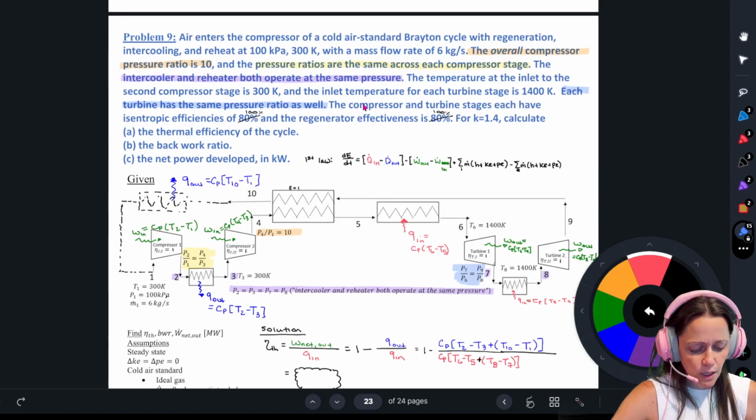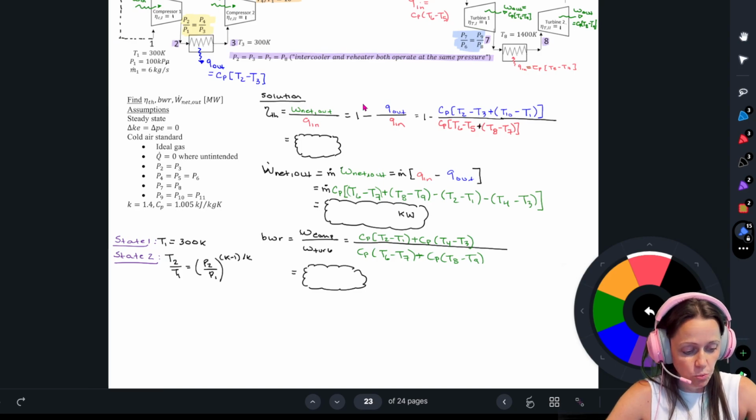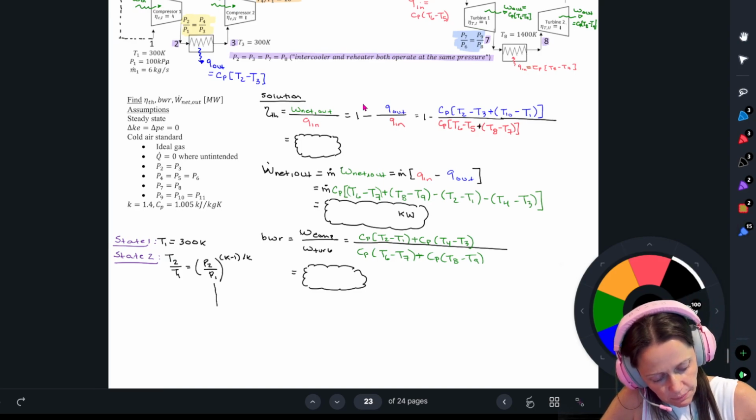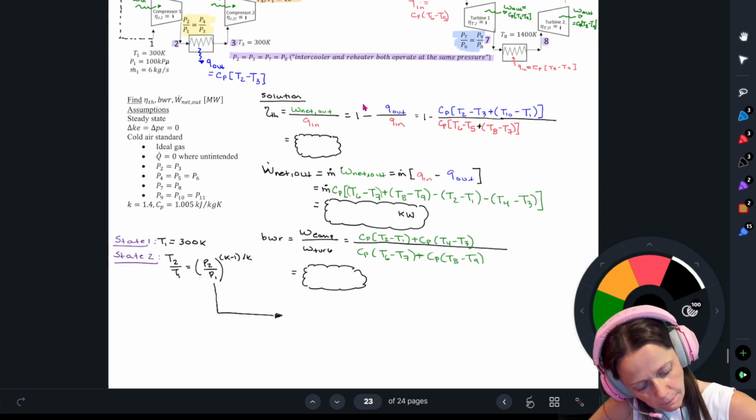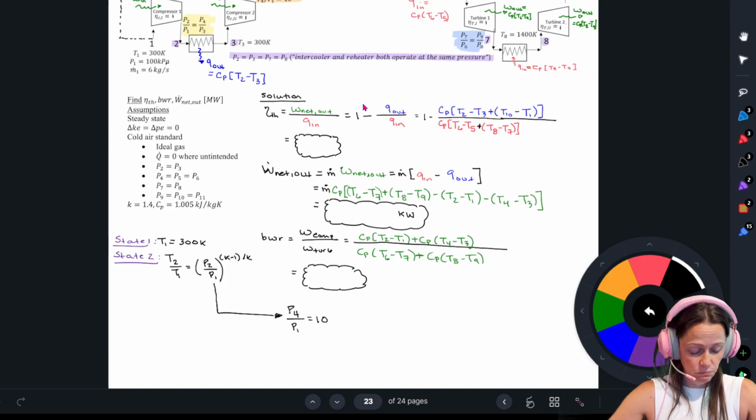All right, so I don't know what the pressure ratio is from P2 to P1, but I do know some things. I know P4 over P1 is equal to 10 because they told me that.